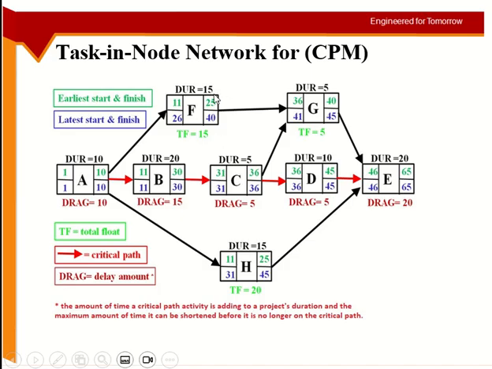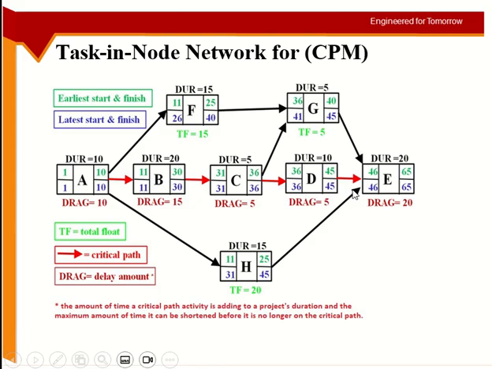Total float, I told you, is the difference of these two. Now there is something which you call drag here. To explain drag, I have to explain the concept of critical path. You can see there are some arrows shown in red, and they are the critical path. What is the critical path?